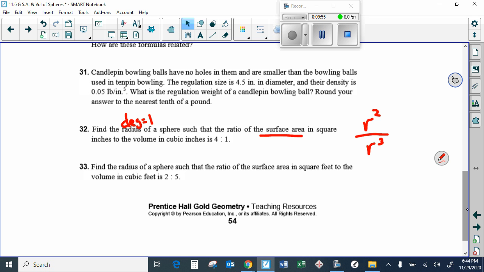So surface area, 4 pi r squared over 4/3 pi r cubed. The pi's cancel, 4's cancel, 1/3 divided into 1 is really multiplied by 3. And it wants it 4 to 1.